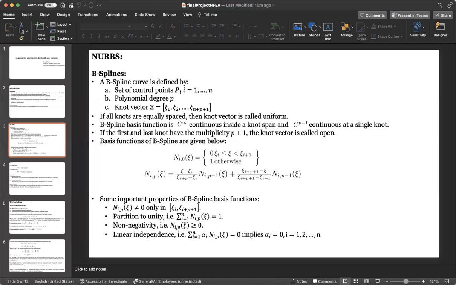From this we can deduce some important properties of B-spline basis functions. They are local, that is, the basis functions are not equal to 0 only in a certain region of knots, they sum up to unity, they are non-negative, and they are linearly independent.